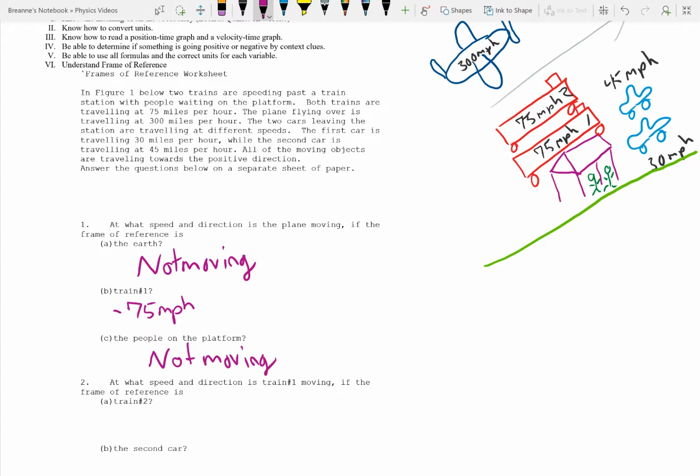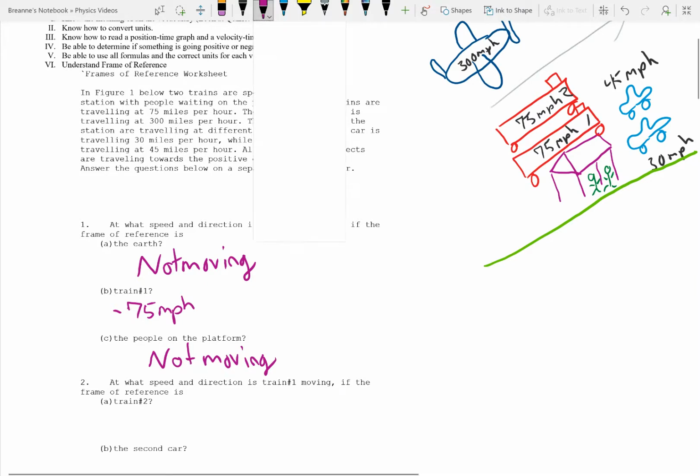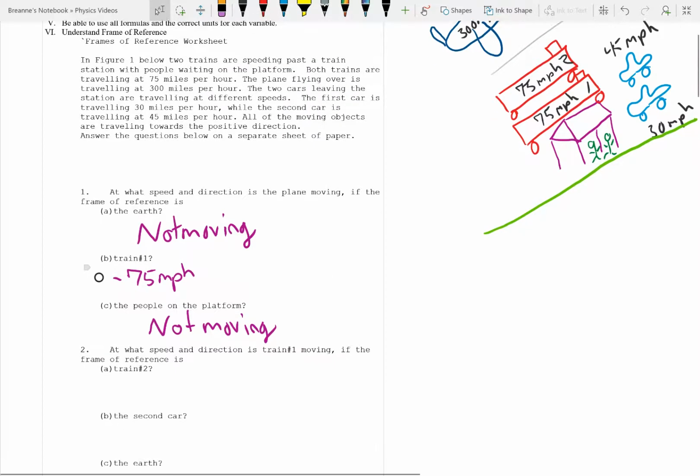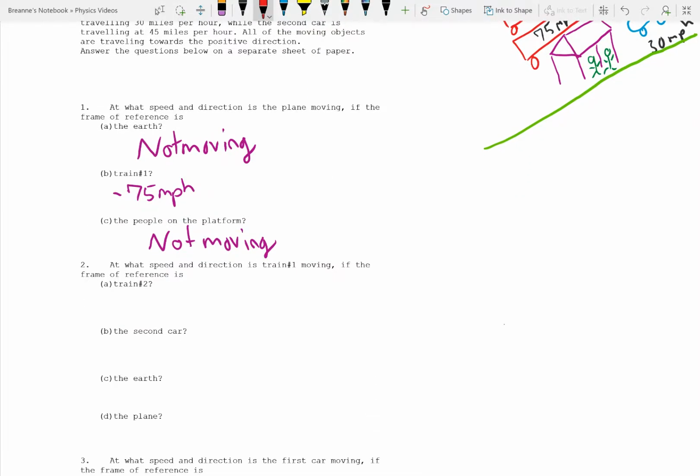So if you're in train 1 and you looked over and saw train 2, and you weren't able to see any of the ground moving, would it seem like the train was moving? Hopefully you said no, because they're moving at the same speed. Since they're moving at the same speed, they would look like they're not moving. So we're going to switch this to red, since they are in red. So it'd look like it's not moving.